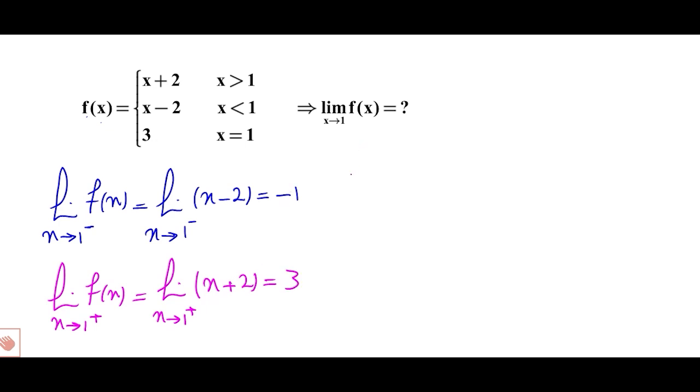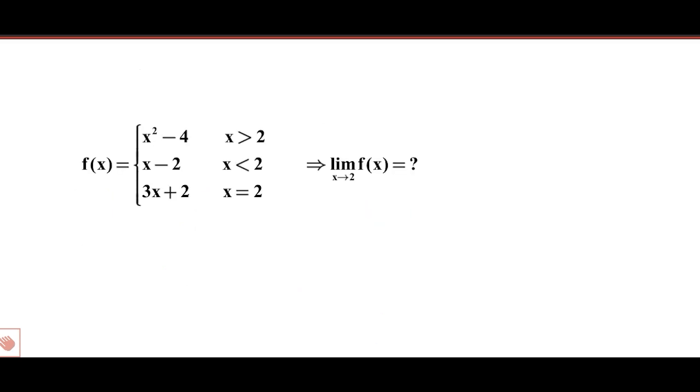And finally, f of 1 is equal 3. Since 3 is not equal minus 1, so left hand limit is not equal right hand limit. So the limit of f of x as x approaches 1 does not exist. Okay? Even though f of 1 is 3, the limit depends on behavior near 1, not just the value at 1. Let's go another example.